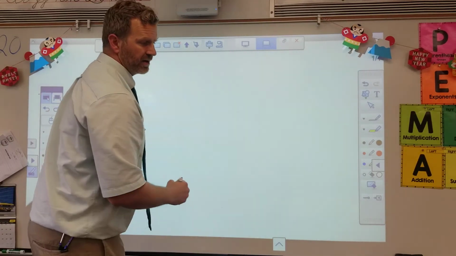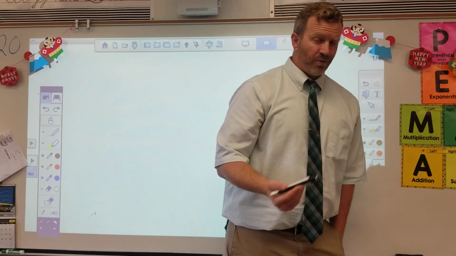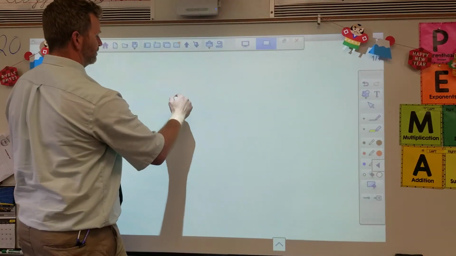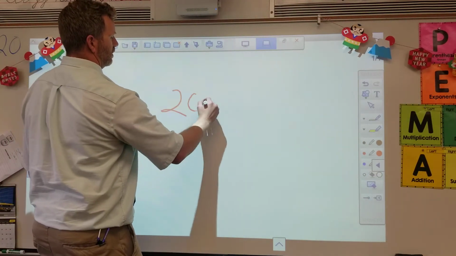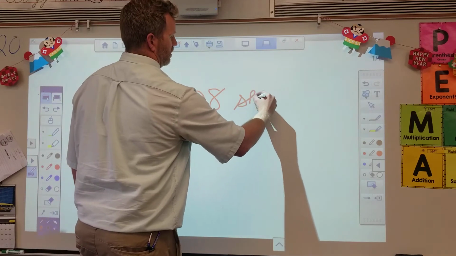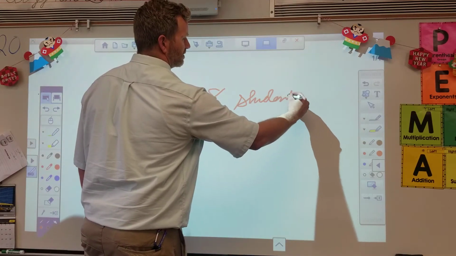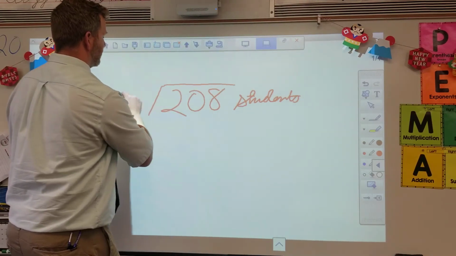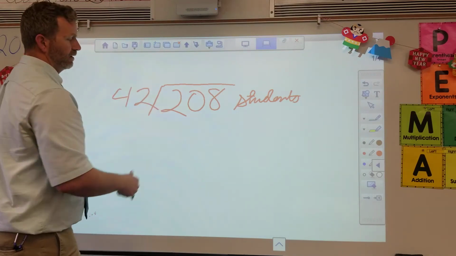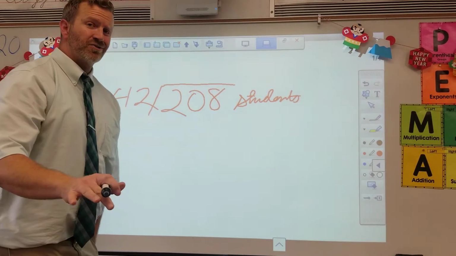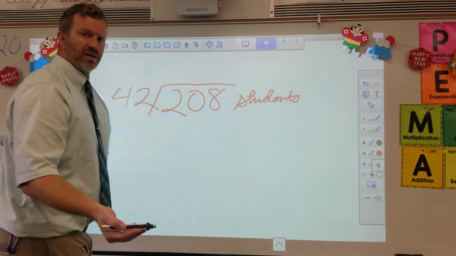Number 19 is a word problem. We've got 208 students, and we're trying to get them on some buses. Each bus can only hold 42 students. So let's try our method we learned today.